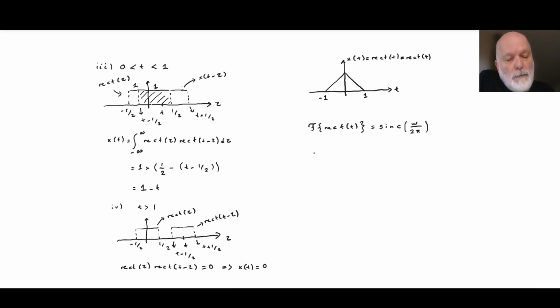So, by using the convolution property, the Fourier transform of x of t, which is rect of t convolved with itself, okay, will be equal to sinc omega over 2 pi square.